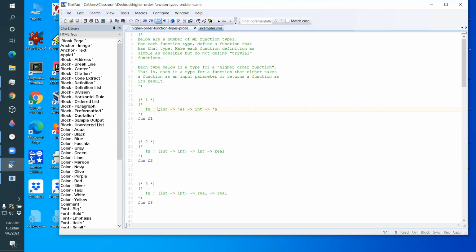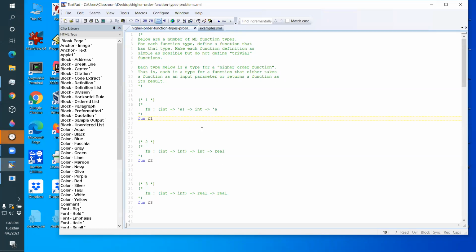So the function takes in a function and an integer. It takes in a function from integer to a, and it takes in an integer, and it's supposed to give me an a output. The question is, how can I define this function? I just know the signature.